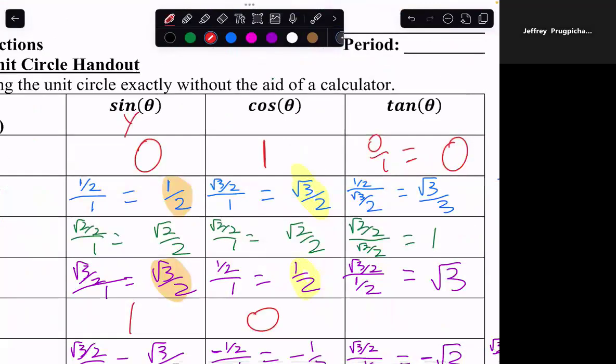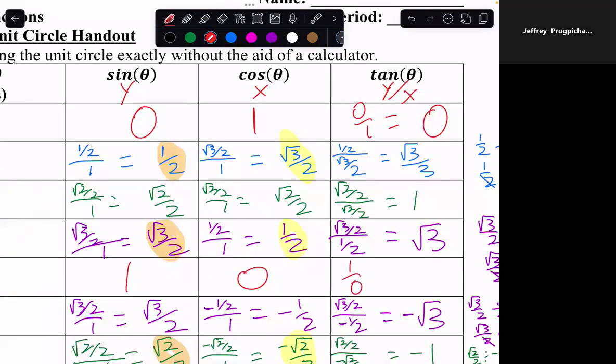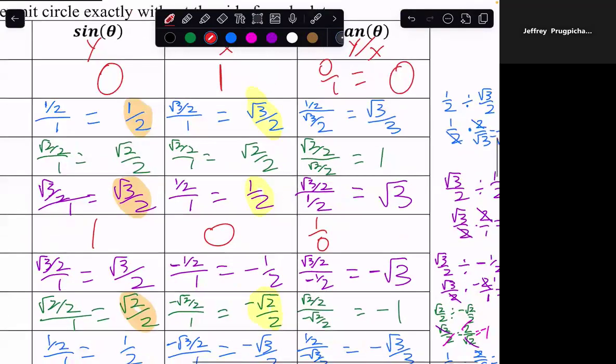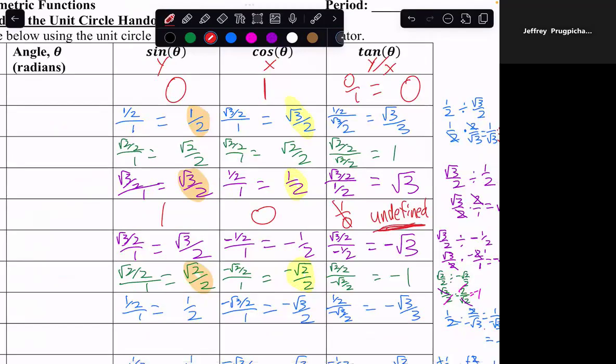So sine is y, cosine is x. Tangent is y divided by x. Okay, so 1 divided by 0, you can't divide by 0. So we say that this tangent of 90 degrees is undefined. Okay, so that's the word that I would like you to use.